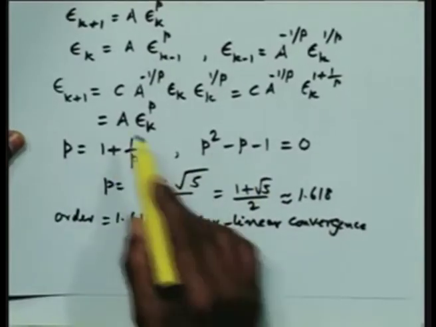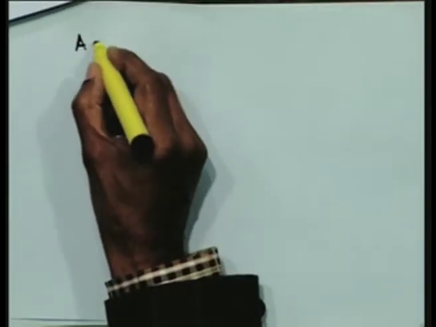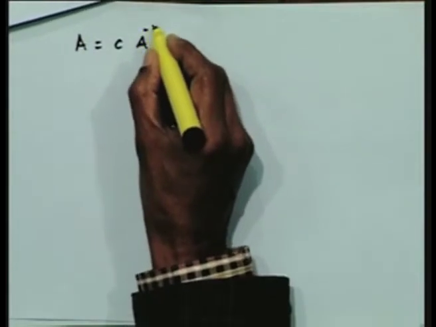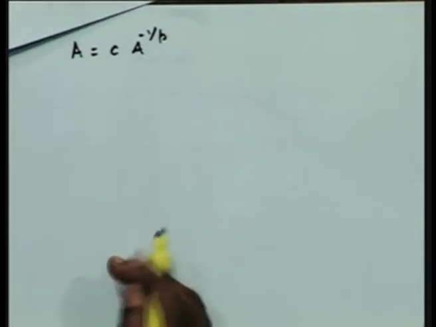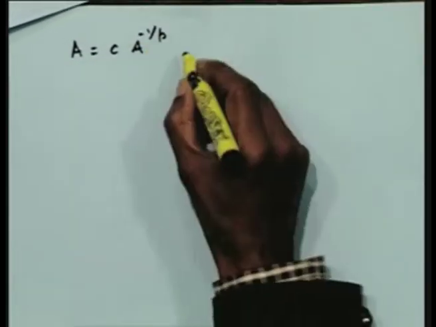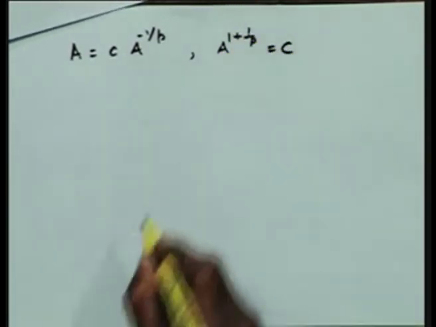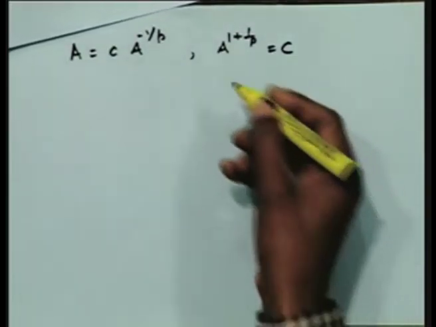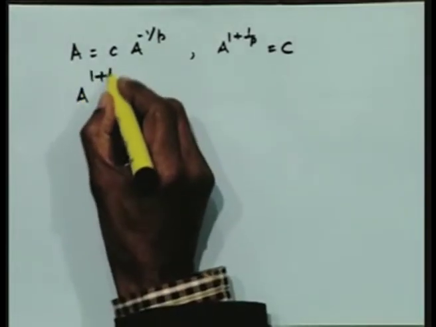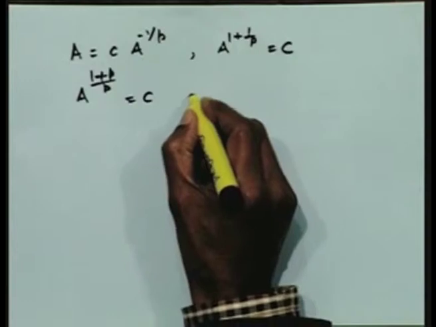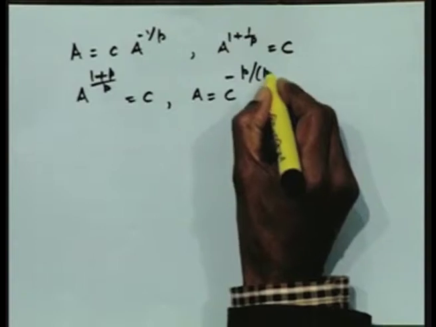That means I should have A equal to C into a to the power of minus 1 upon P. Now, bring everything to the left hand side, that is A to the power of 1 plus 1 upon P is equal to C, and I want A in terms of C. So, we would write this as A into (1 plus P) by P is equal to C, or A is equal to C to the power of P upon P plus 1.